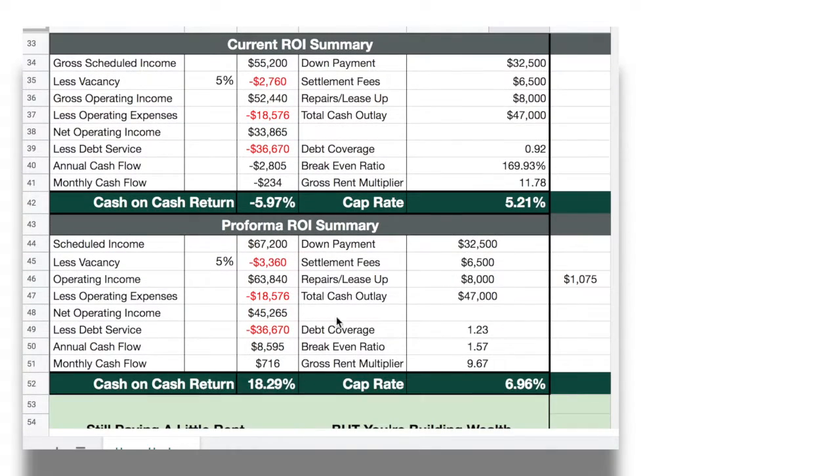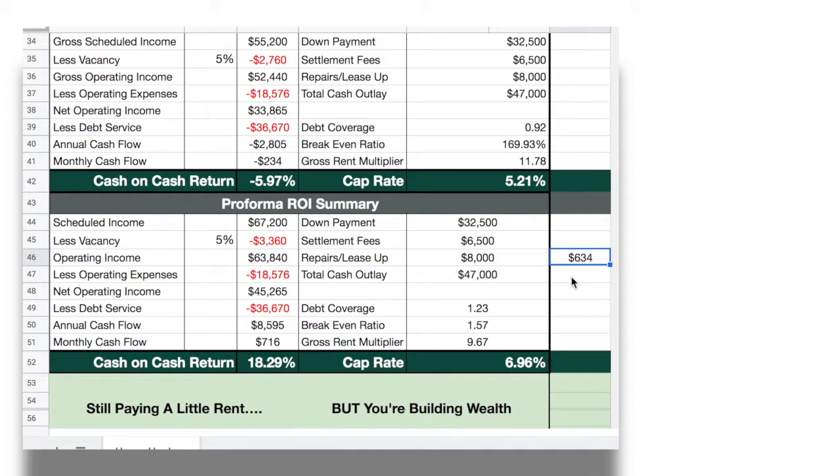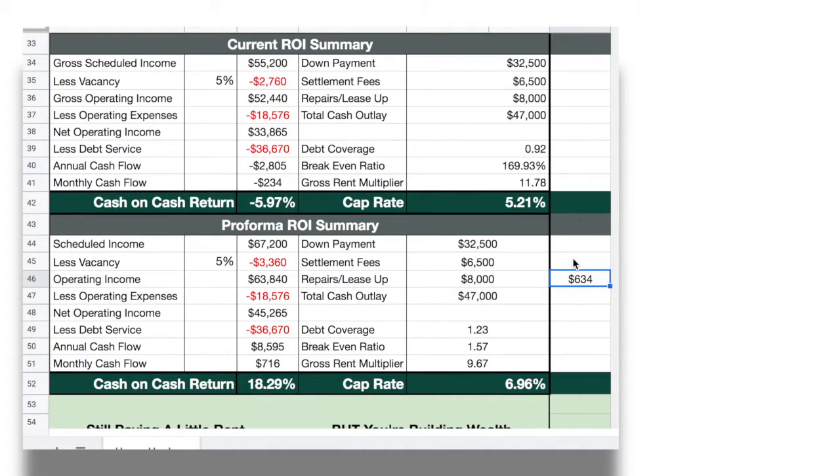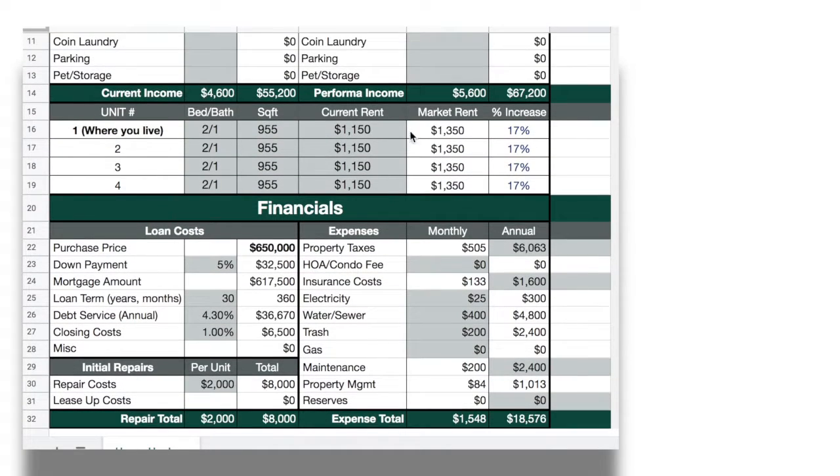So now you got a monthly cash flow of $716. Okay, so now your effective payment is $634 a month. And that's the first year. Then let's say the second year, you raise everybody's rent up another $50, including yours, to be fair.